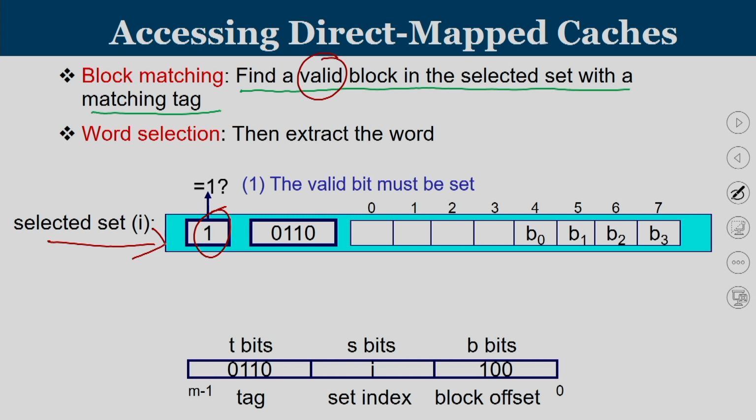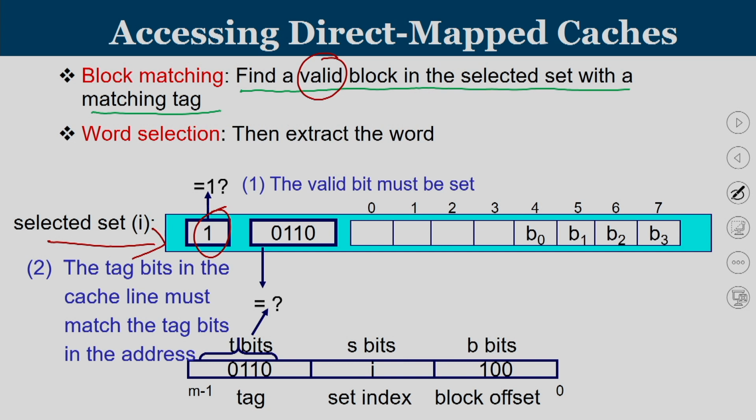In the previous step we saw how to select a particular set. Once a set is selected, look at the valid bit, which should be 1, and then the second stage is from the given address. Let us say this is the given address, and this represents your tag bits, say 0, 1, 1, 0.